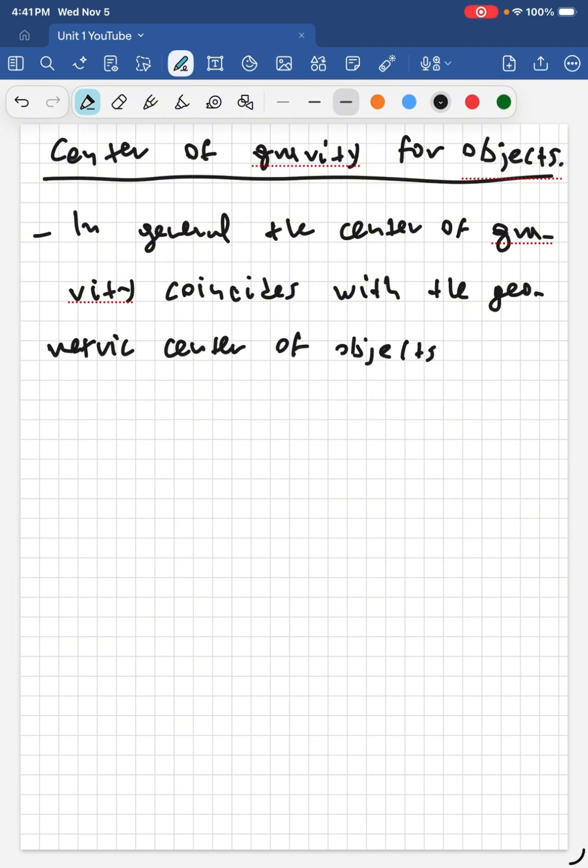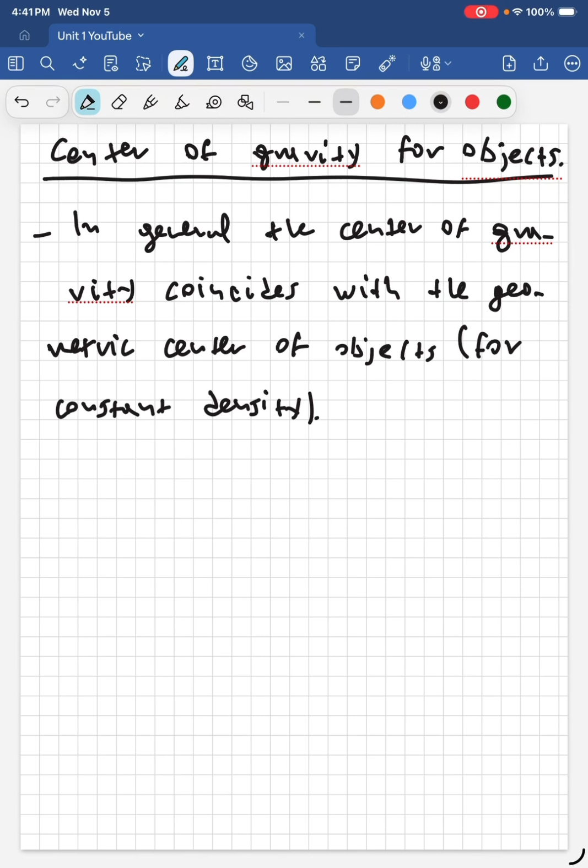Okay, and because I want to have my consciousness clear, I need to specify that this is only true for objects that have a constant density, okay? So for constant density. So a rod that consists of the same material, for example, okay?